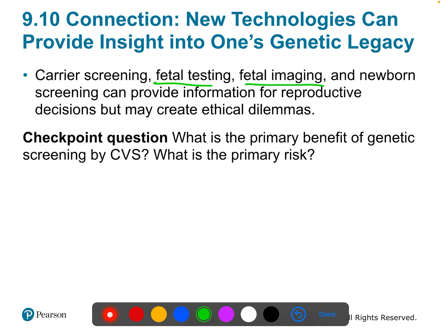And this does create ethical dilemmas, because what if you do find out there's a particular disorder or some kind of malady that's discovered? That could be very traumatic and stressful for the parents, and it presents a lot of challenges. And there's really not a lot that science can do today with some of these disorders other than identify them, but it does allow, for example, doctors and the parents to be prepared for when the child is born.